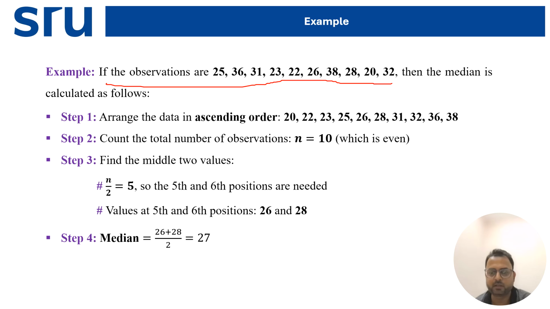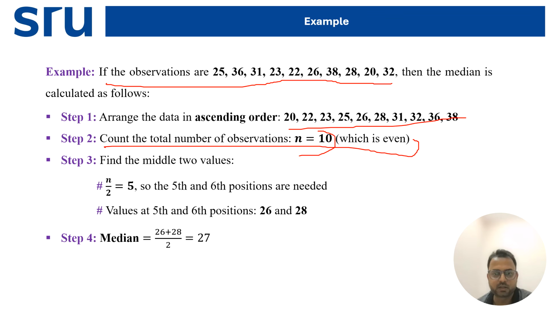First we arrange the given data in ascending order, from the least value: 20, then 22, 23, 25, 26, 28, 31, 32, 36, 38. Next we count the total number of observations, which is 10. Next we find the middle two values because the number is even.